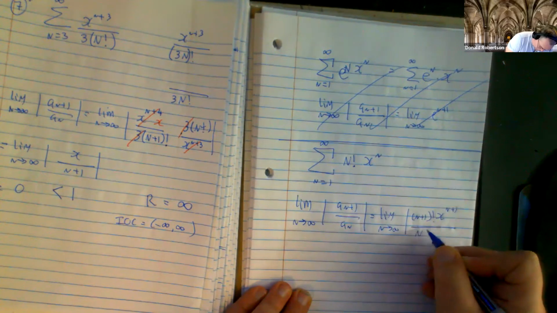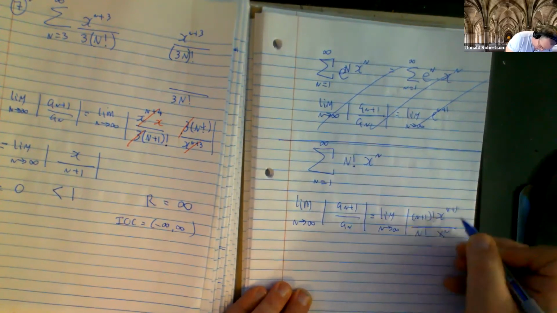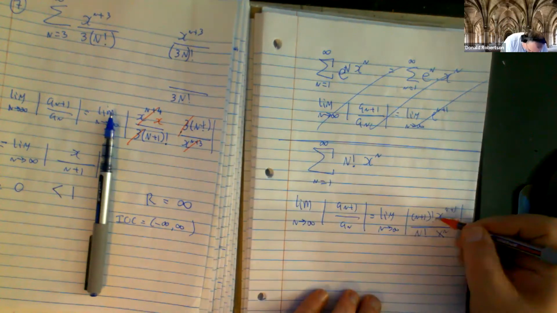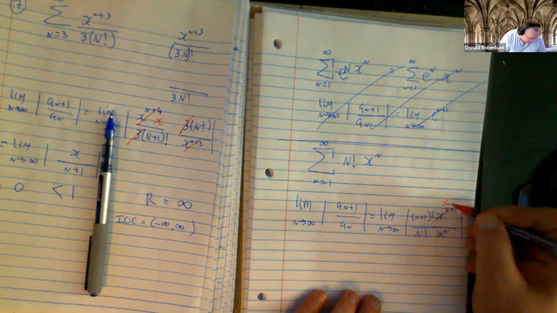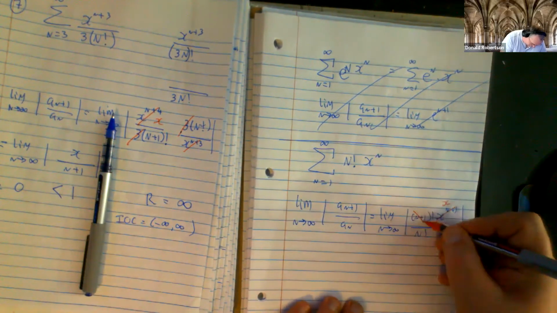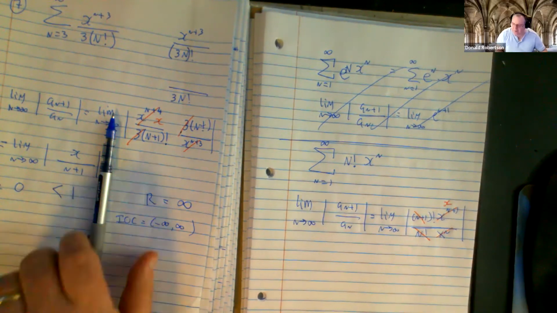And on the bottom, n factorial times x to the n, right? Nothing too scary. Well, those cancel and leave behind an x. So we're kind of used to that. And I think we just did one like that not that long ago, right?